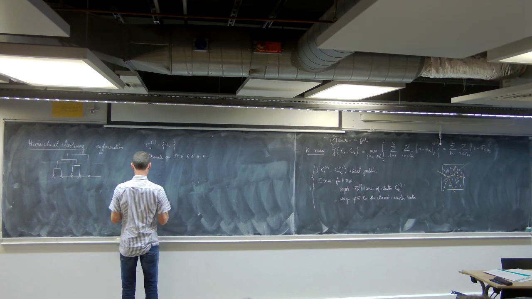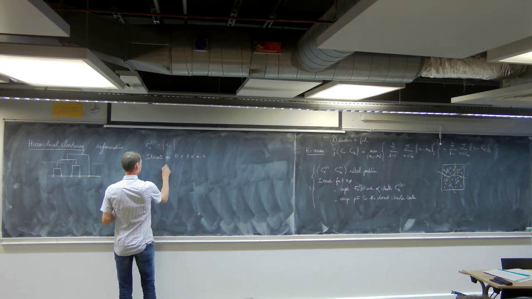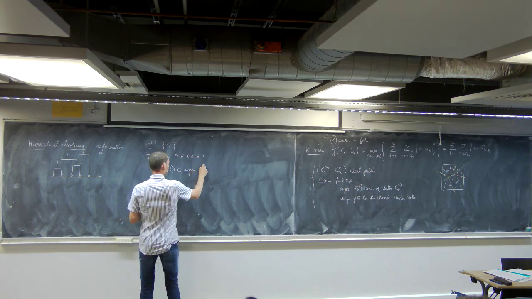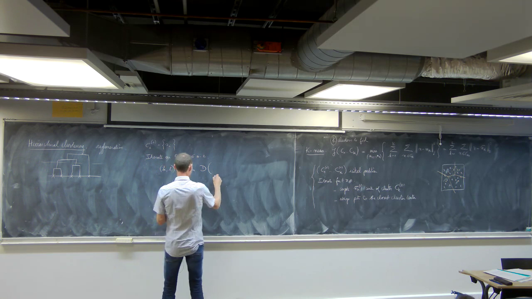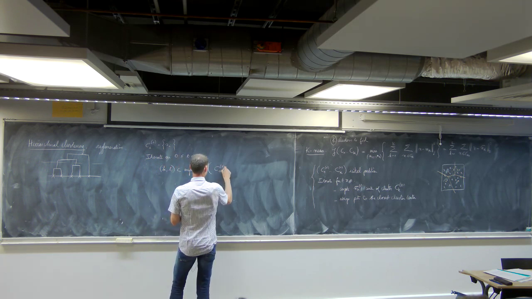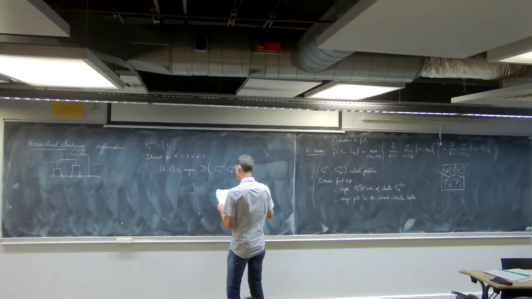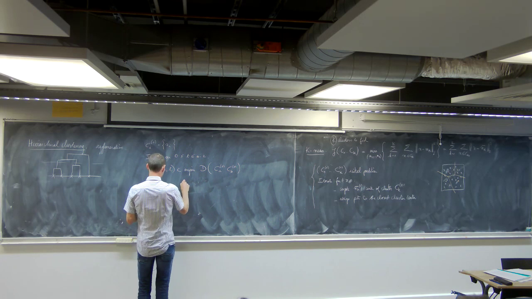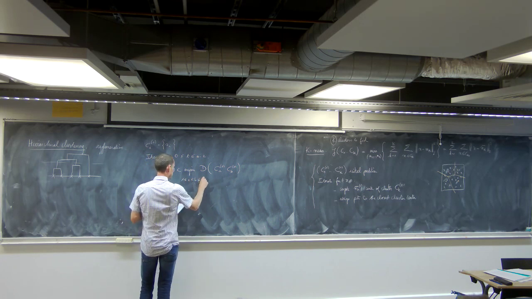For that, you're looking for a pair (k, l) which minimizes some distance between two clusters. At step t, you will have a certain number of clusters, which will be n minus t.